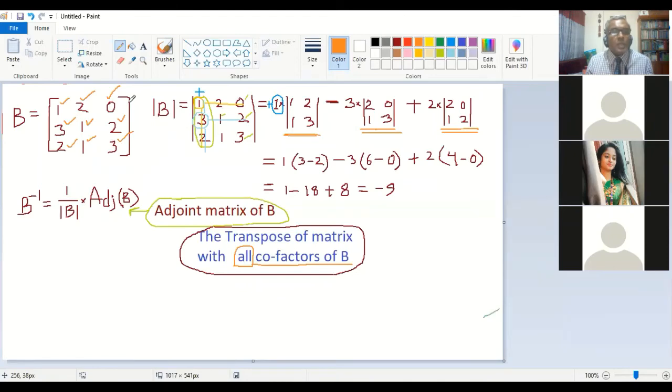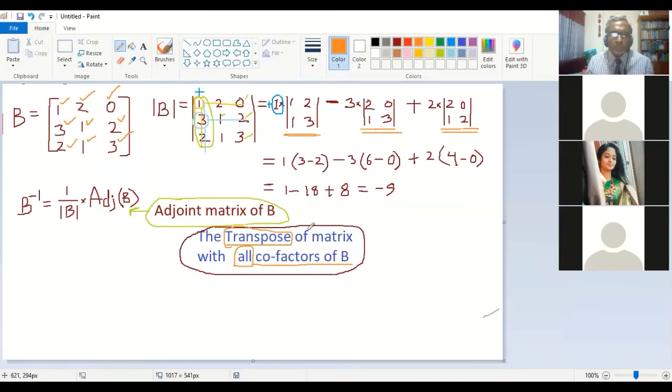Then you will make another matrix, and then you will do the transpose. You understand what all cofactors means, right? Now let me tell you what transpose is.